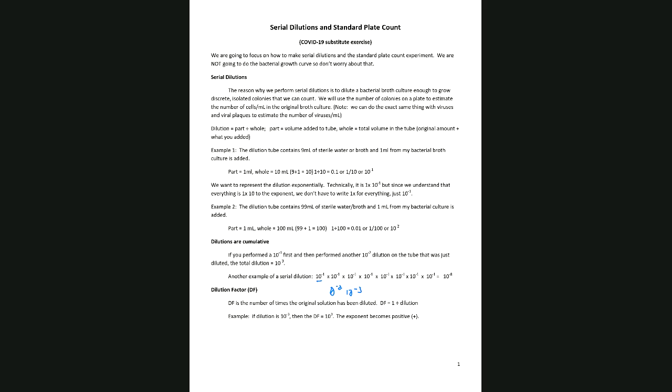So 1 over the dilution. 1 over a negative exponent, and the exponent becomes positive, right? So if your dilution is 10 to the negative 3, 1 divided by 10 to the negative 3 becomes 10 to the positive 3. So your exponents simply become positive, and that is your dilution factor.